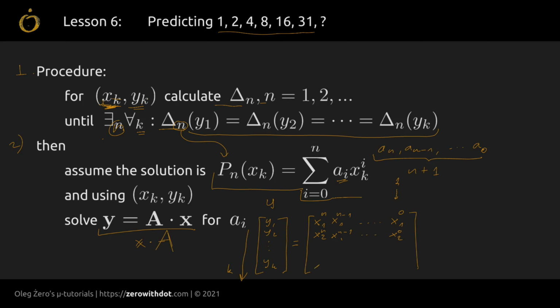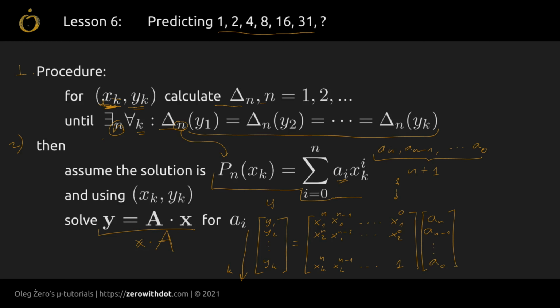And then in the end we have xk to the nth power, xk to the n minus 1 power, all the way to 1. And here are going to be all those coefficients of a. So here we're going to have an, and then an minus 1, all the way up to a0.